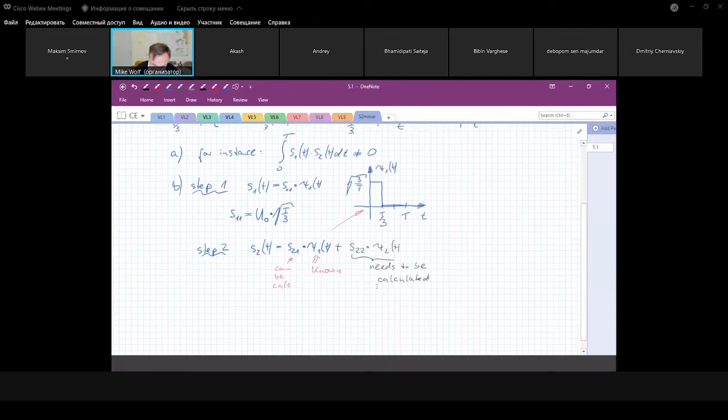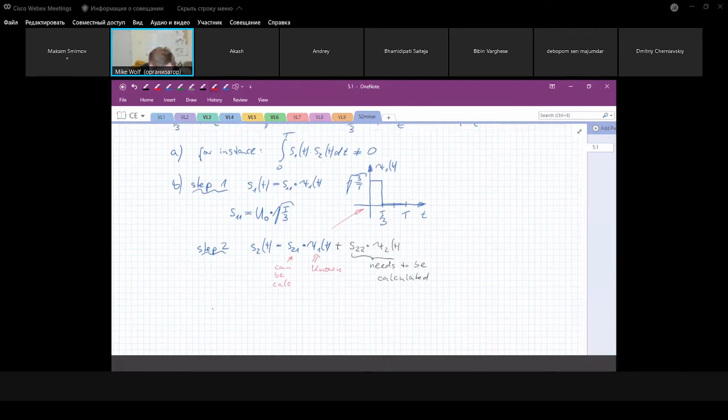So we could say, how can we obtain S21? Of course, S21 is the same as S11, but I just write this. S21 is equal to the integral of S2 of t times psi1 of t dt from 0 to capital T. This is the second signal, and this is basically a relation to the first basis function. And what do we obtain?